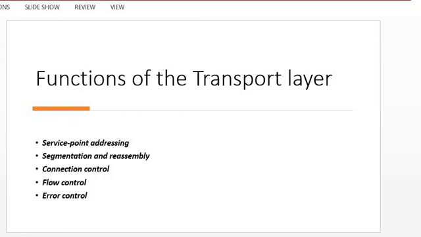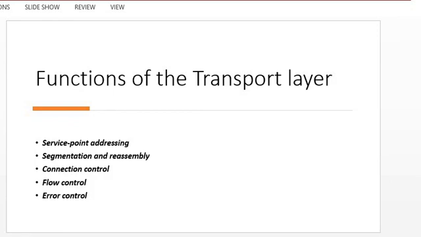And lastly, we have error control, where the transport layer tries to minimize the number of errors that occur as we are transmitting our messages.